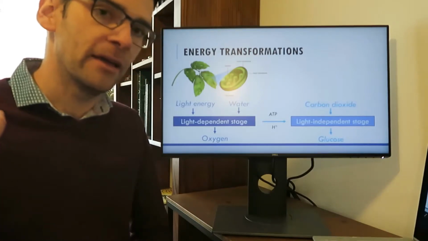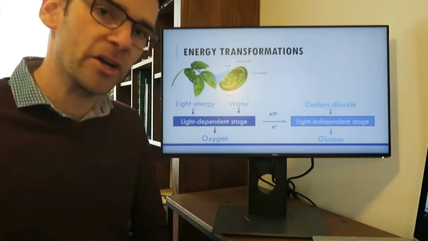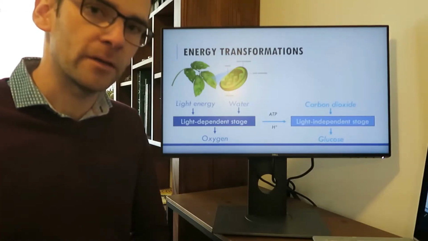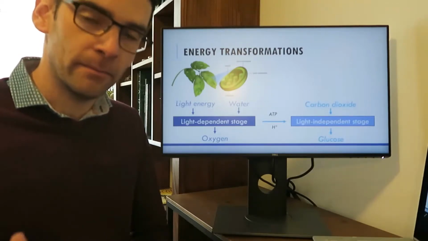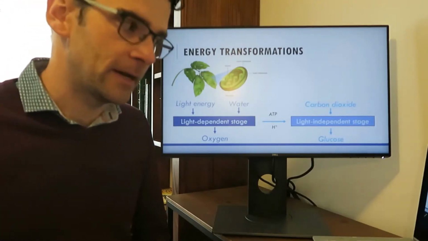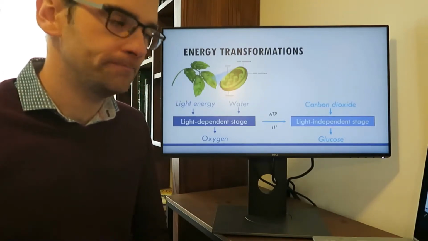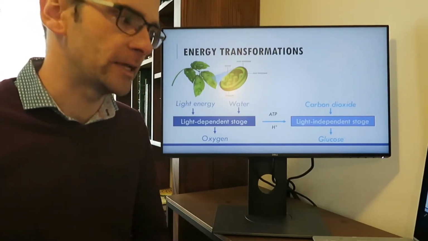And this is where the light-independent stage of photosynthesis comes in. Once these hydrogen ions are floating around, wanting to combine with something, the plant then uses the carbon dioxide and breaks that apart too to form glucose. So it rearranges the chemical bonding there.